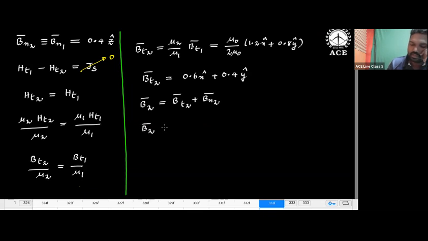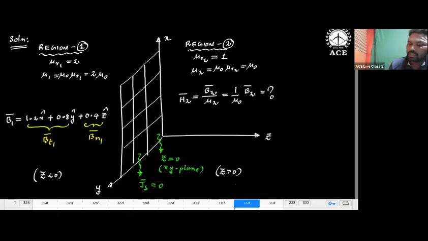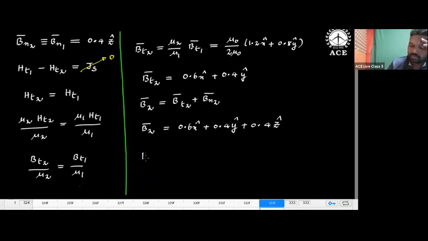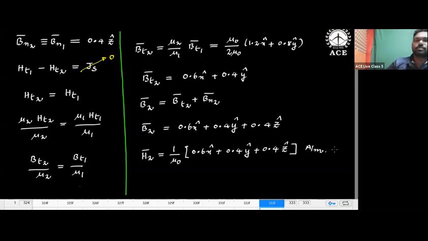So here it is 0.6 x cap plus 0.4 y cap plus 0.4 z cap. But what is required is the H2. H2 is equal to 1 by mu naught into 0.6 x cap plus 0.4 y cap plus 0.4 z cap. Units are ampere per meter. Okay? Fine. Let us proceed further.